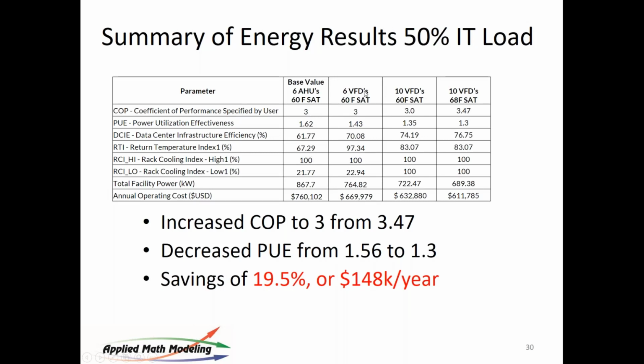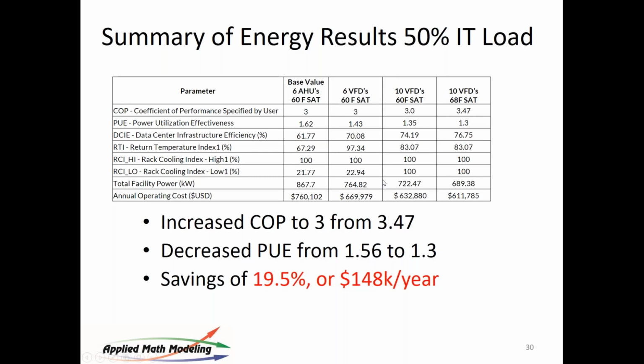Then we went to 6 VFDs at 60%. Then we took a look at 10. And you see here what's going on is the RTI is changing a little bit. What happens here is that we end up blowing a little more air in the case of 10. But again, I've got those sensors, 3 of them per rack.